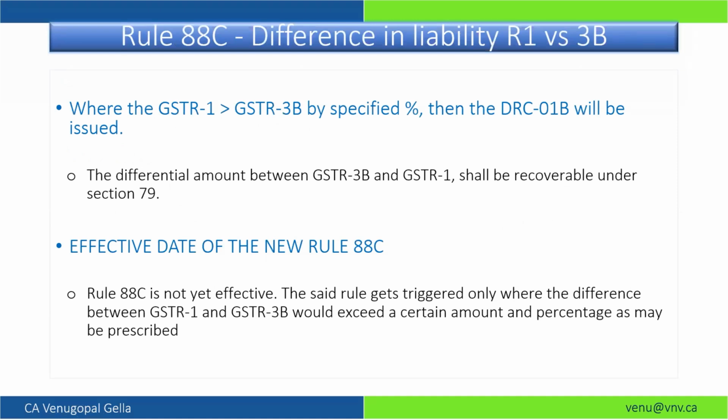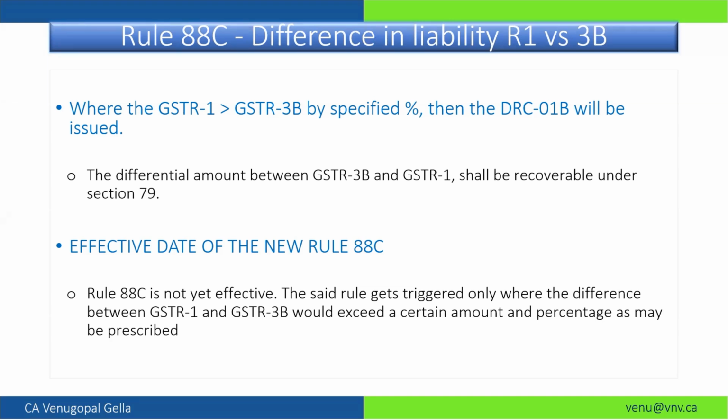Another major rule is difference in tax liability between R1 and 3B. Most of you must have received ASMT 10, audit notice, or investigation notice, and the most common issue you would find is R1 versus 3B, 2A versus 3B.